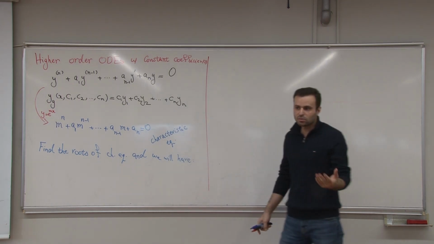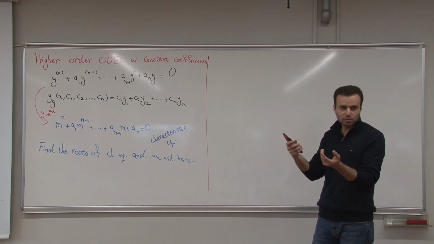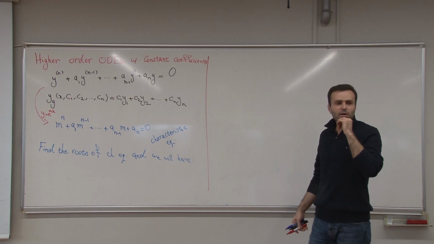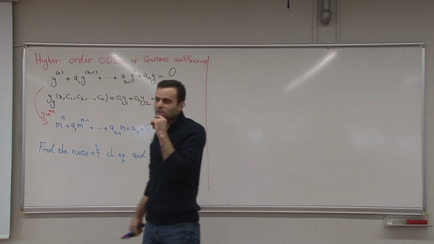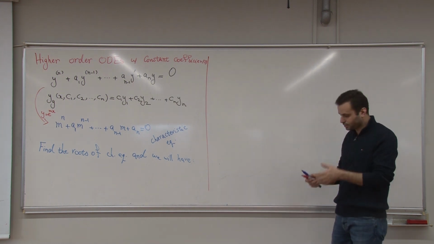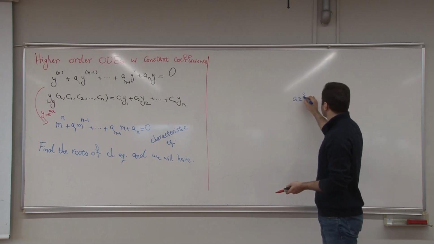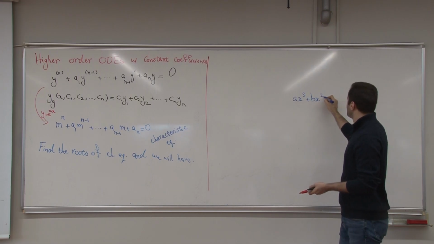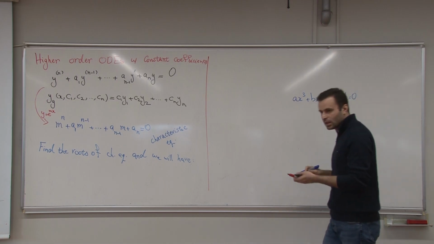If I give you a second degree polynomial equation, you will use that delta method and find the roots. What about a third degree polynomial? Do you know the general solutions for the third order polynomial equation? If you have an equation like ax^3 plus bx^2 plus cx plus d equals 0.